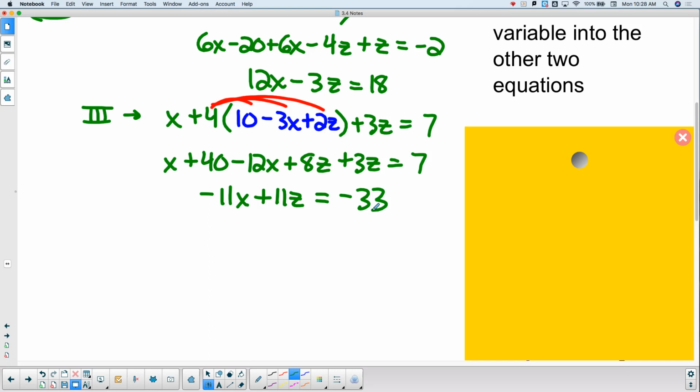Yes? Okay. And those 2 new equations that I've created, I'm going to label them as equation numbers 4 and 5.